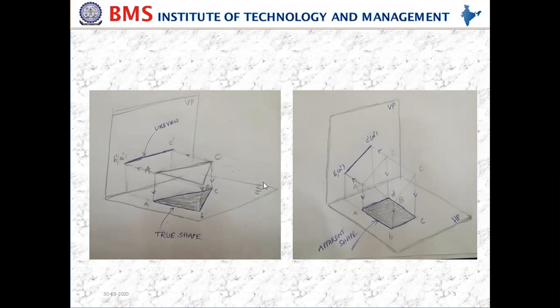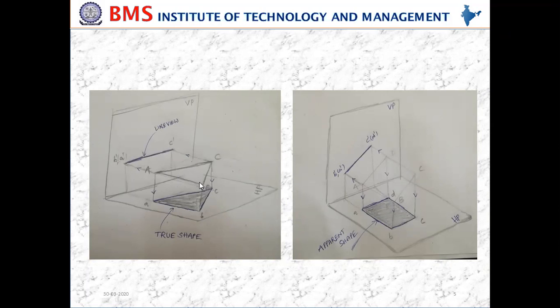When you look from the front face of the object, this triangular lamina looks like a line view. So when the object is placed in the first quadrant, parallel to the horizontal plane, we are going to get the true shape in the top view.